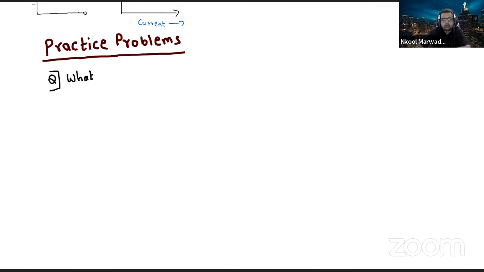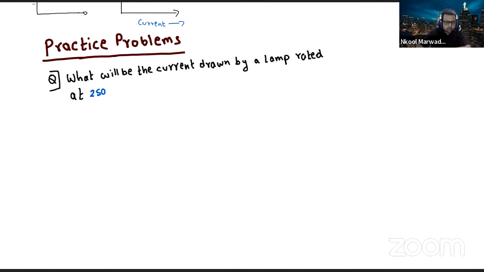What will be the current drawn by a lamp rated at 250 volt, 40 watts?